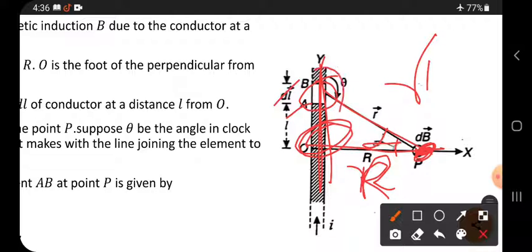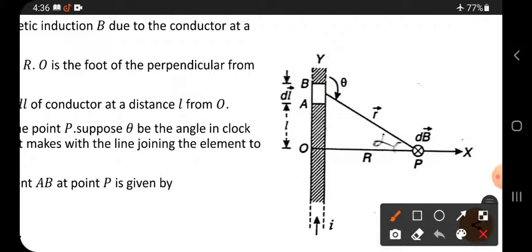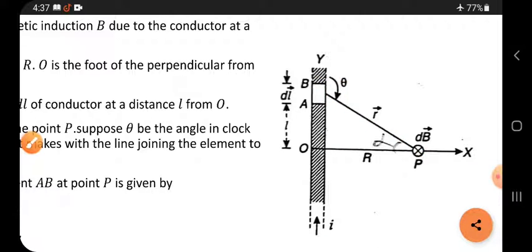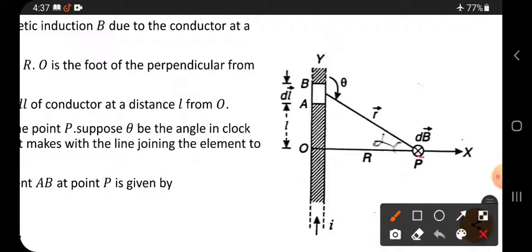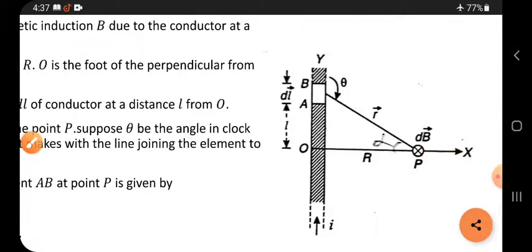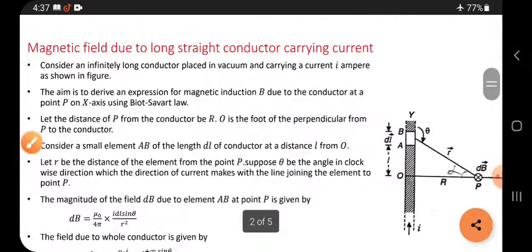This is the clockwise angle with the length of the wire and the distance from the small element to point P, and this angle is theta. Let the point lie along the x-axis. Okay friends, let me explain.